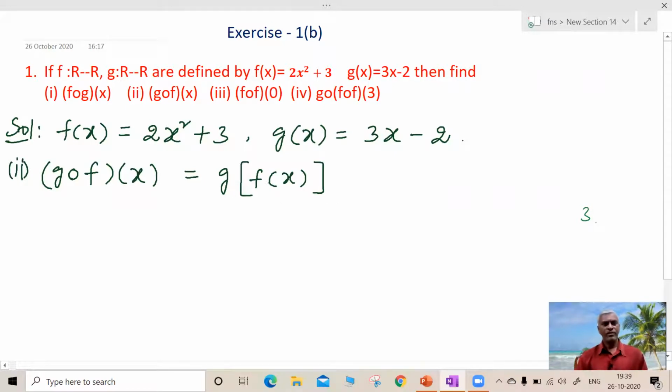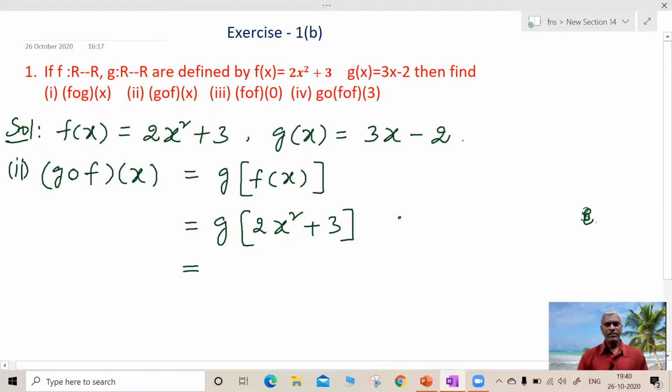I am separating f(x) from the composite function, so this is purely only the f(x) function. What is f(x)? 2x² + 3. So in place of f(x), I am writing 2x² + 3.